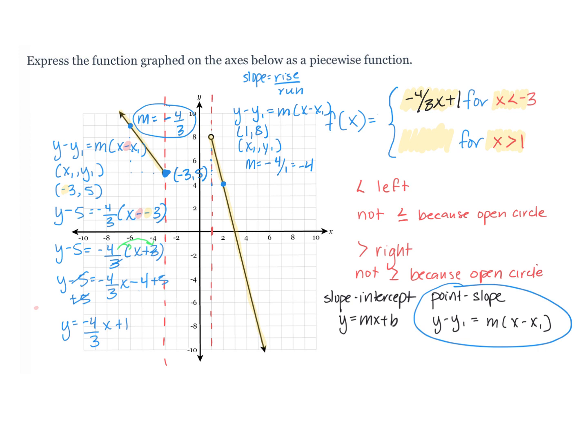So at this point, I can substitute everything into the equation. So y minus y1, which is 8, or y minus 8, equals m, which is negative 4, times x, bring down the x, minus x1, which is 1, so minus 1. So at this point, we can distribute the negative 4 to both of these terms.